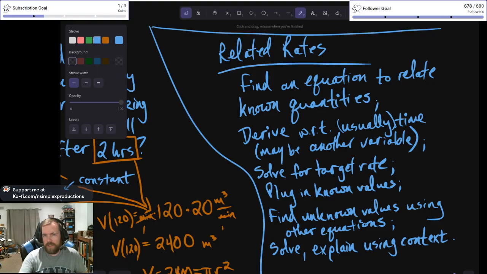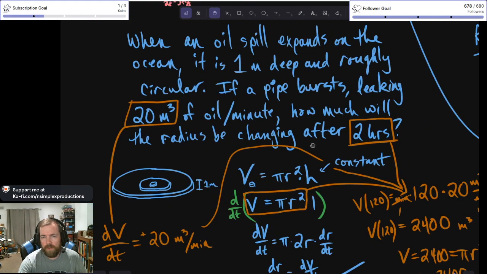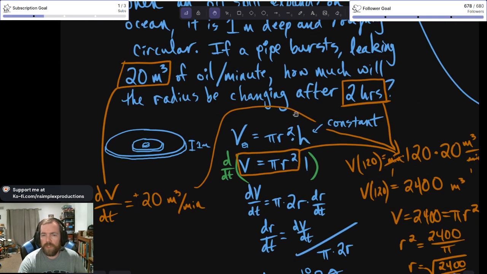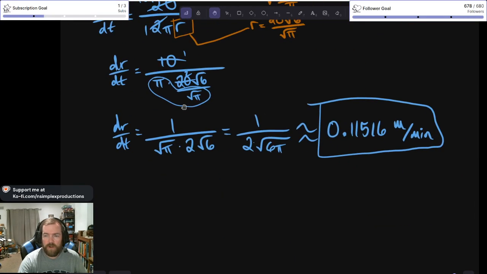So in the related rate here, we were talking about the oil spill, right? How much will the radius be changing after 2 hours? Our radius will be increasing by, again, 11.5 centimeters every minute. Something like that. .115 meters per minute. Right?